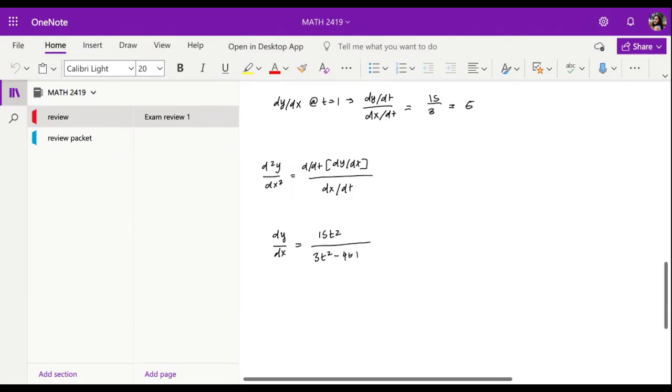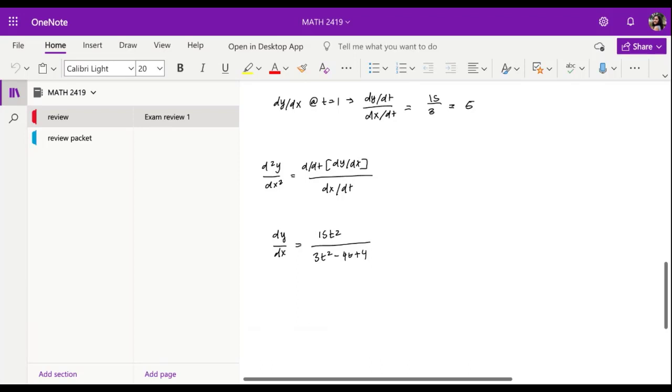So we need to take the derivative again of this with respect to t. And in order to do that, we can just use quotient rule. So let's do that.